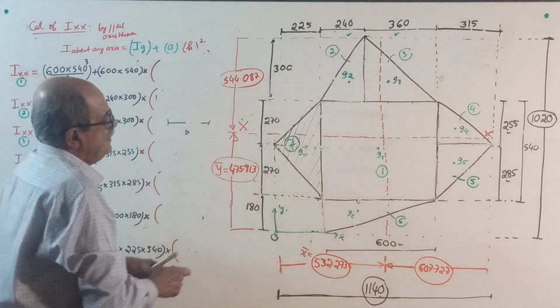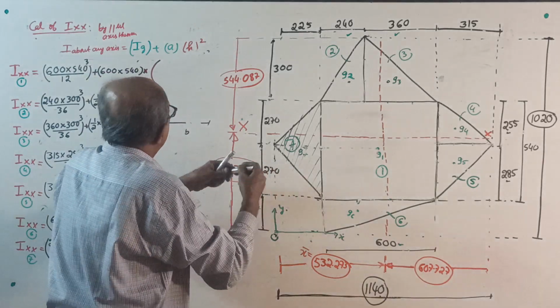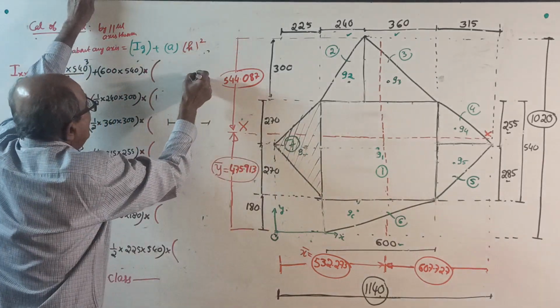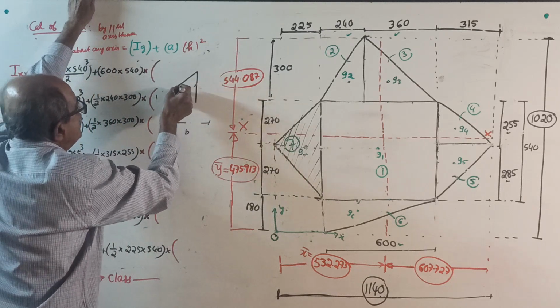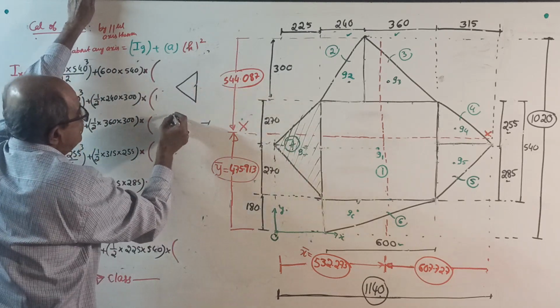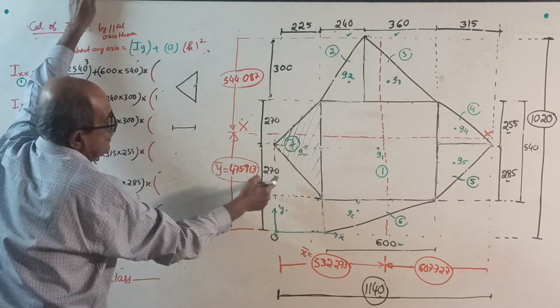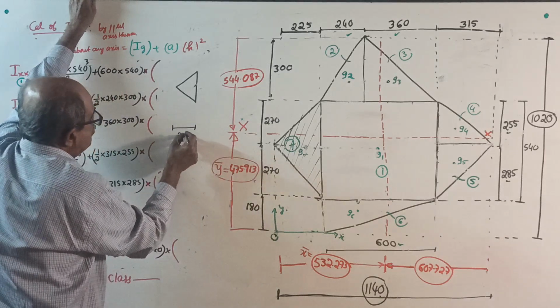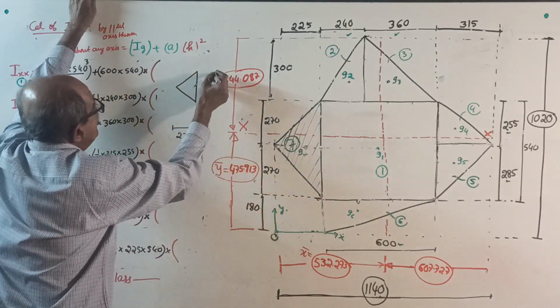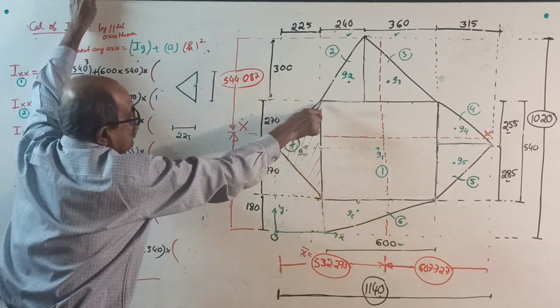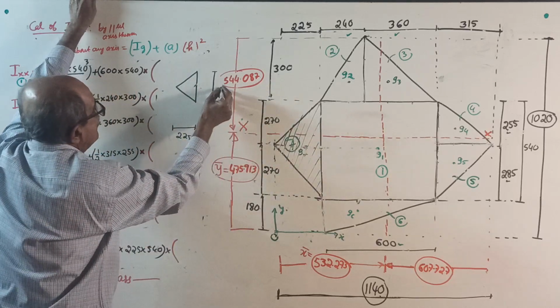Therefore, for this axis now, the triangle is like this. This is how much? This is 225. This full is how much? Full 540.